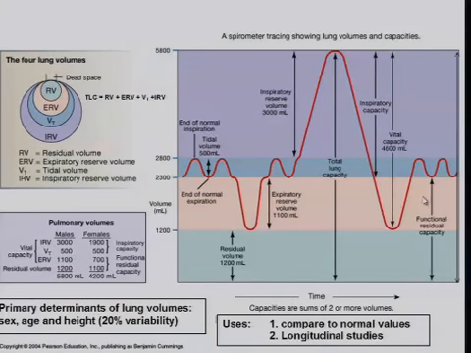The reason here is functional residual capacity just indicates the maximum amount of volume that is left in your lungs after a normal expiration. So this functional residual capacity, depending on disease, can increase or it can decrease. Okay, so we're going to talk about different diseases that alter functional residual capacity, and those are major indicators of a disease. So make sure you understand these tidal volumes and capacities.